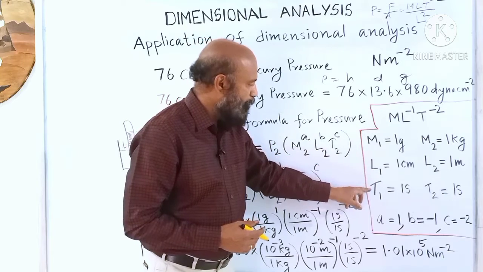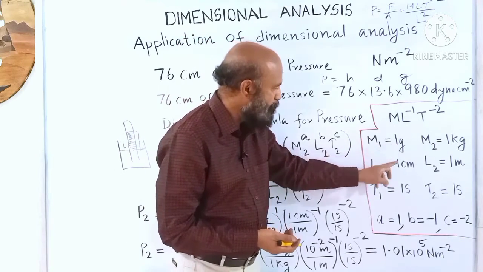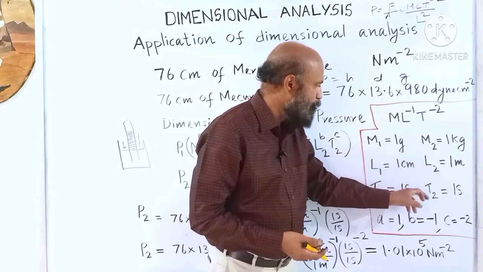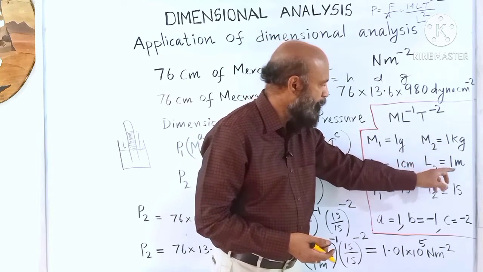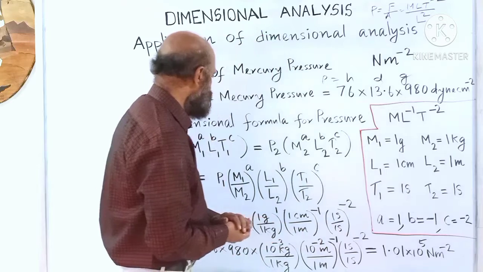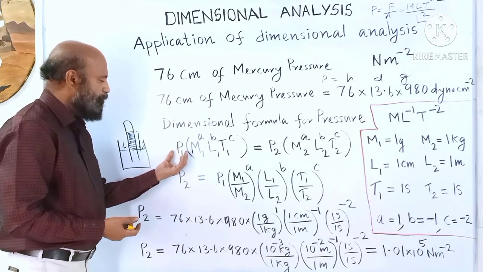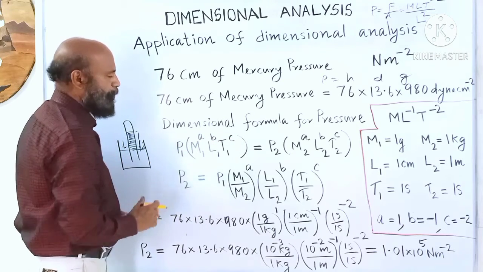M1, L1, T1 are the units in the first system: gram, centimeter, second. M2, L2, T2 are the units in the second system: kilogram, meter, second.